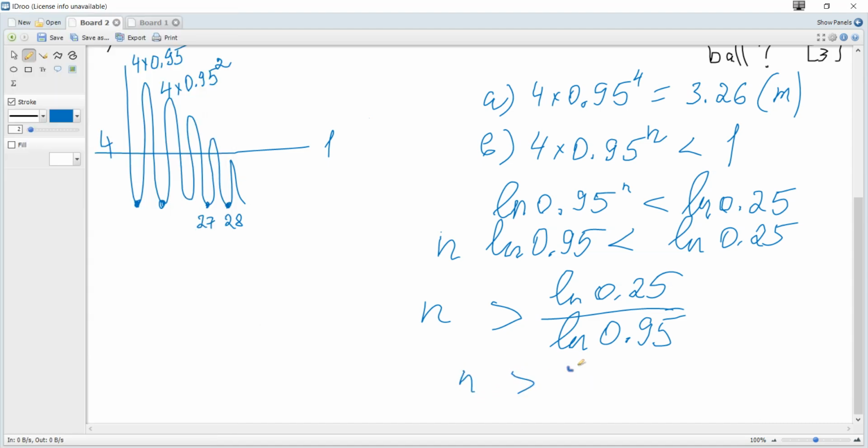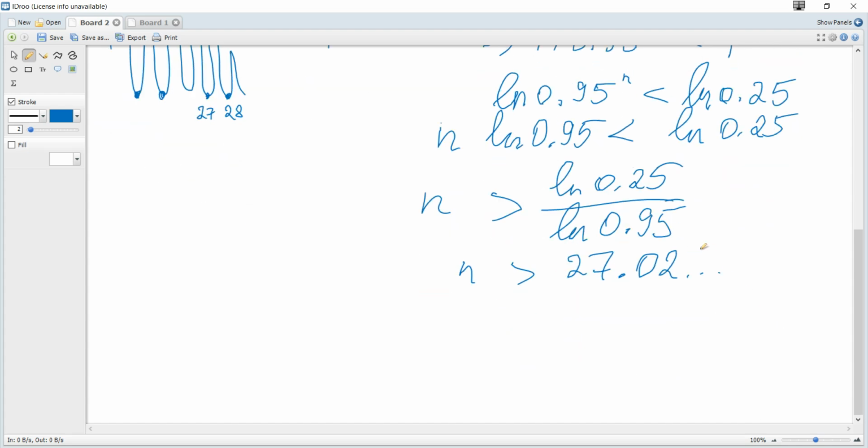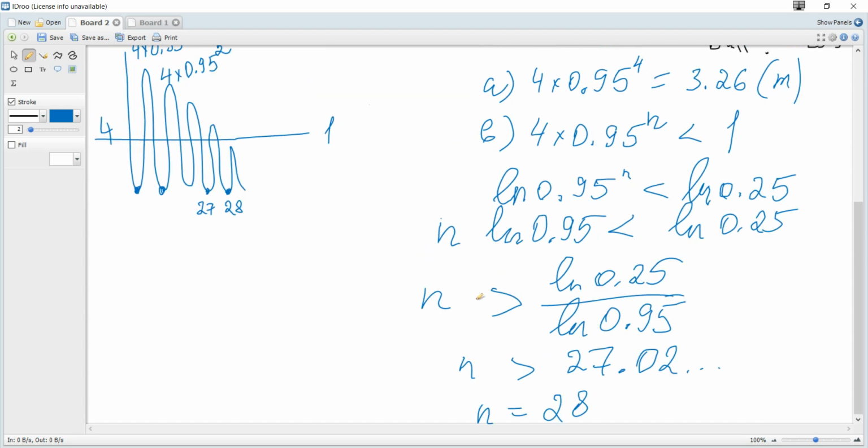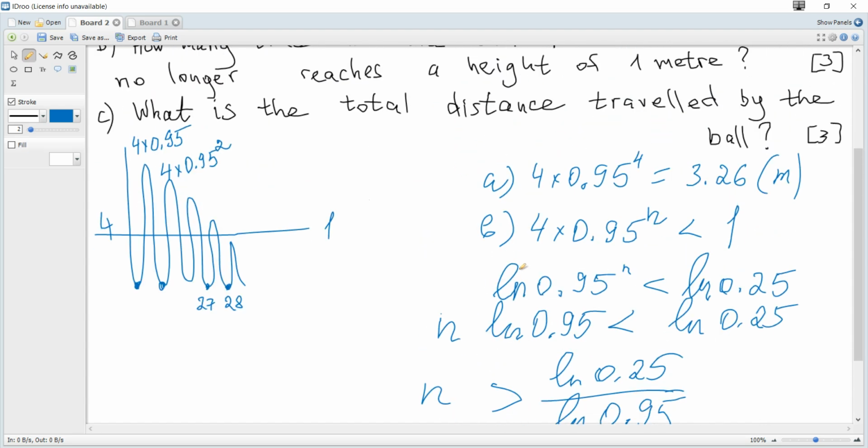N is greater than 27 point something, and since n is a positive integer, the first solution is n is 28, and it means that after the 28th bounce, it reaches a height which is less than 1 meter, so it does 28 bounces before it no longer reaches a height of 1 meter.